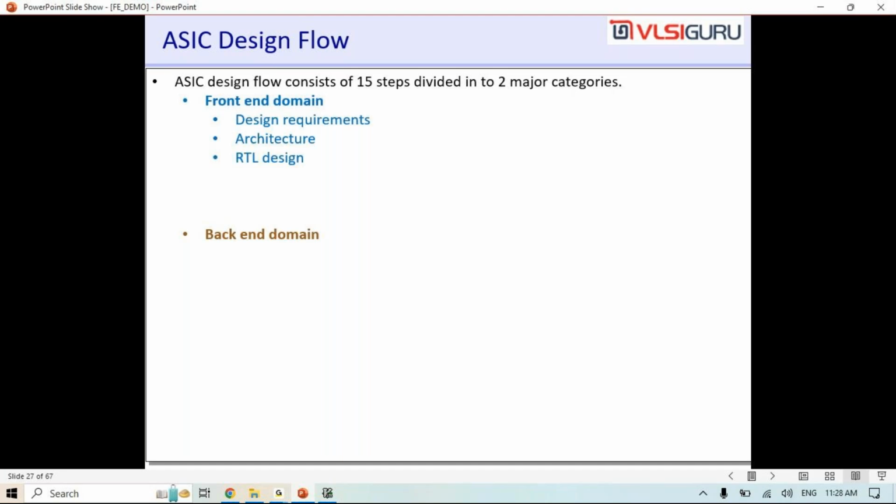Okay. Next step is called integration. See, generally what happens when they develop, right? We don't have one person do everything. We have multiple people developing small blocks. Let's say this block is developed by someone, this block is developed by someone.